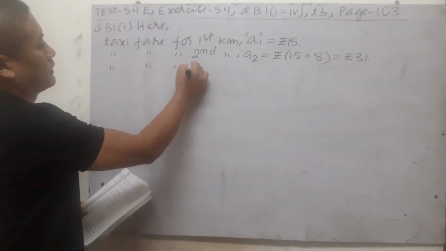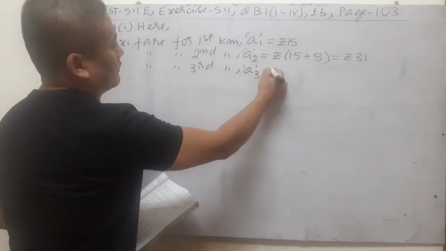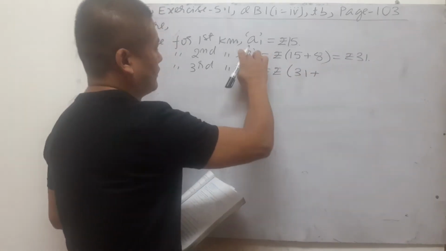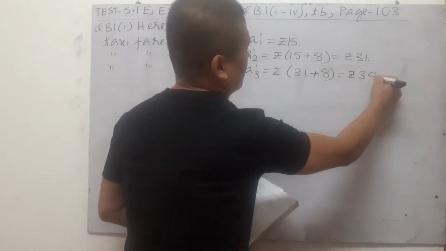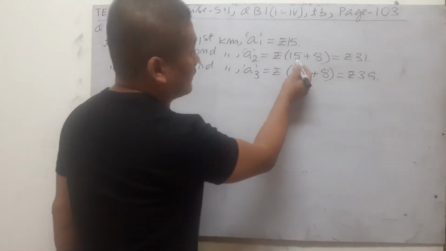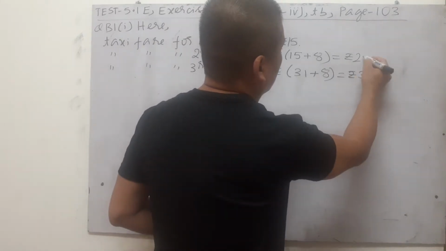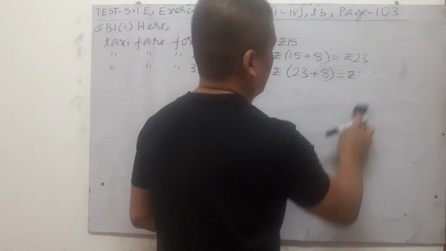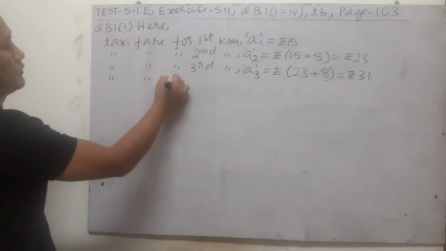Similarly, taxi fare for the third kilometer, let us represent it by A3, will be rupees 23 plus 8, which is 31, since each additional kilometer is again rupees 8. Sorry, slight corrections.